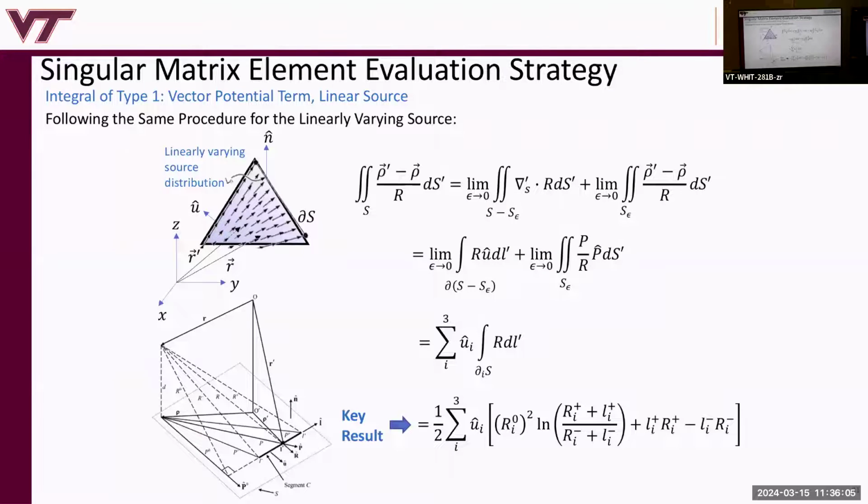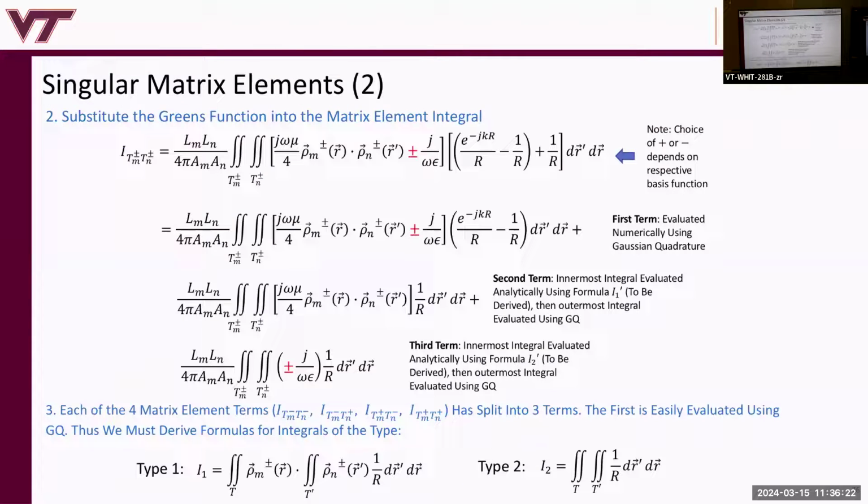The other one is the integral of the type 1 vector potential with a linearly varying source function. So this function now varies linearly over the domain of a triangle, and we have this type of vector. Let's understand where that comes from. If we go back to here, we have rho m dotted with rho n, 1 over r.